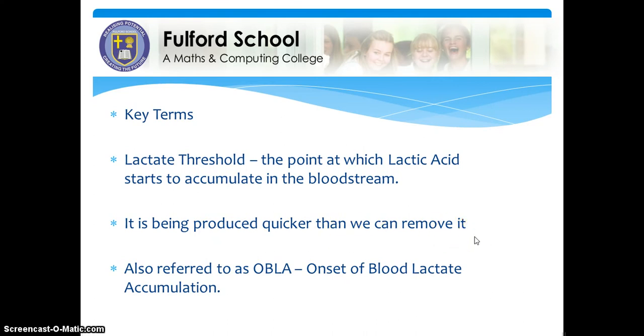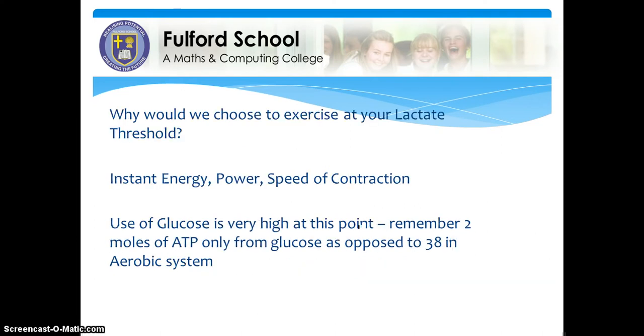Once we get to that stage, once it's being produced quicker than we can remove it, we move into the aerobic system. And if you remember from our work on energy systems at the start of the year, those processes link very closely into each other, and that's what we're seeing here. So athletes will choose to work within their lactate threshold because it suits their sport.